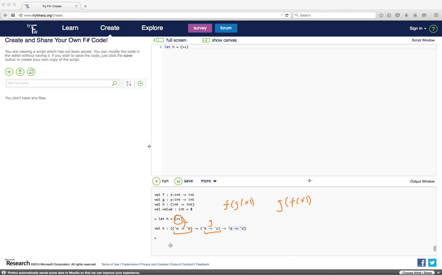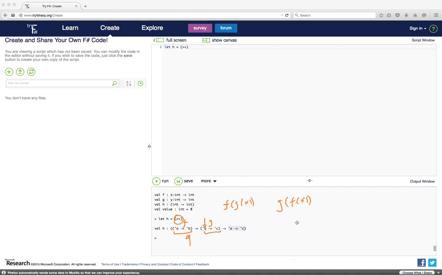To understand this, I can see that my function f goes from an 'a to a 'b, and g goes from a 'b to a 'c. So whatever is the output of my function f is getting fed as input into my function g. That can only happen if f is acting as my inner function.